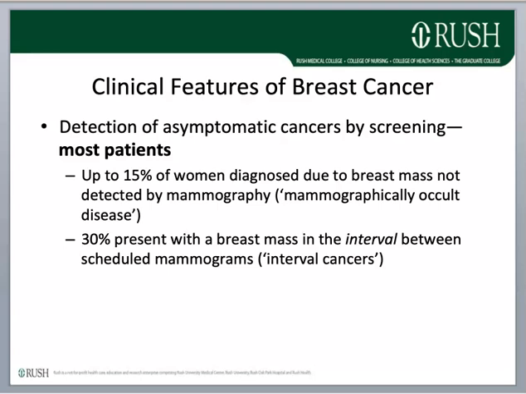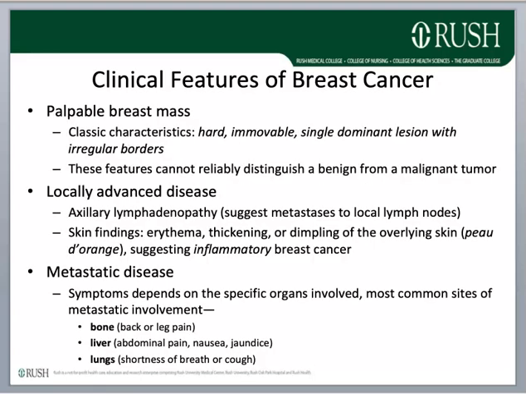Another 30% present with a breast mass in the interval between mammograms, which we call interval cancers. The classic characteristics of a cancerous lesion include a hard, immovable, single dominant mass with irregular borders. However, these features cannot reliably distinguish between a benign and malignant tumor, as we discussed with fibrocystic changes.